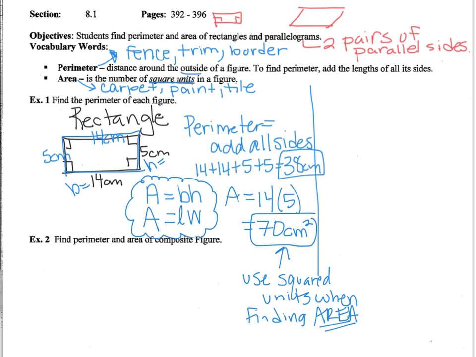So you're only doing one dimension, so there's no square there. But for area, you're counting up how many square centimeters would I need to draw out to cover up the whole area. So you're using squared units because there is a length and there is a width. You have two dimensions. So the 2 is representing your two dimensions. So make sure you do that when you're finding area.